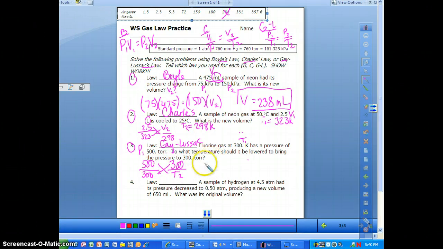Sometimes it helps to write this part out though. 500 times T2, 300 times 300 is 90,000. And if we want to get T2 by itself, divide by 500.